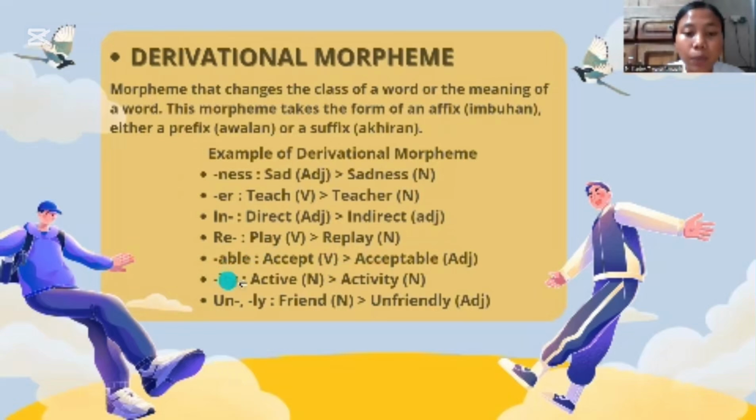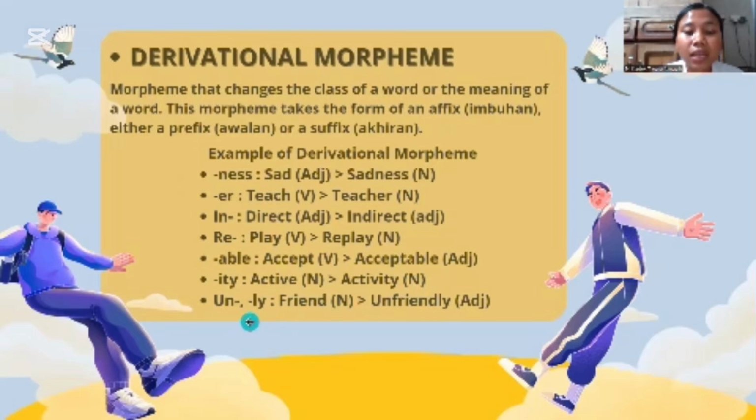Next is able, from the verb accept to be acceptable, that is an adjective. That is the example of a verb changing into an adjective. And then ity with the adjective active changes into activity, that is a noun.